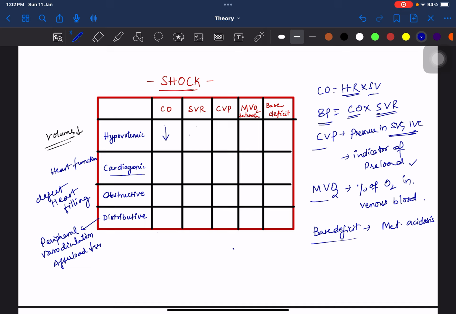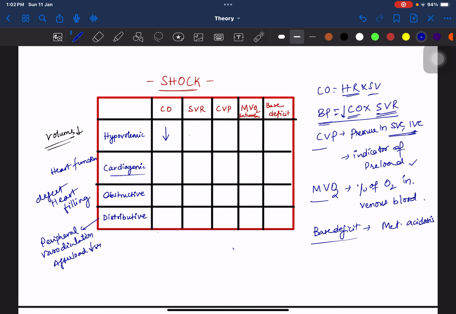And what happens to systemic vascular resistance, otherwise called peripheral vascular resistance? So the BP is cardiac output into the systemic vascular resistance, right? If the cardiac output is decreased, then the BP has to be maintained, right? To perfuse the main organs like heart and brain, the BP has to be maintained at a baseline level.